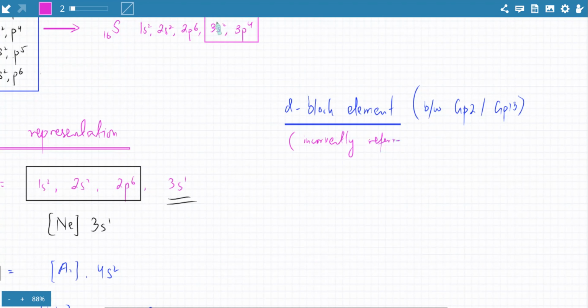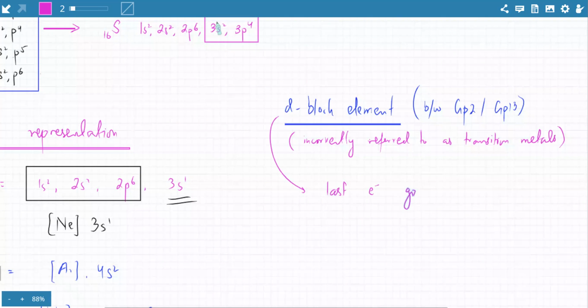It's a chapter in A2, where you'll study transition metals and figure out why some of them are not transition metals. Why do you call them d block elements? Because the last electron, according to the Aufbau principle, goes into a d subshell.